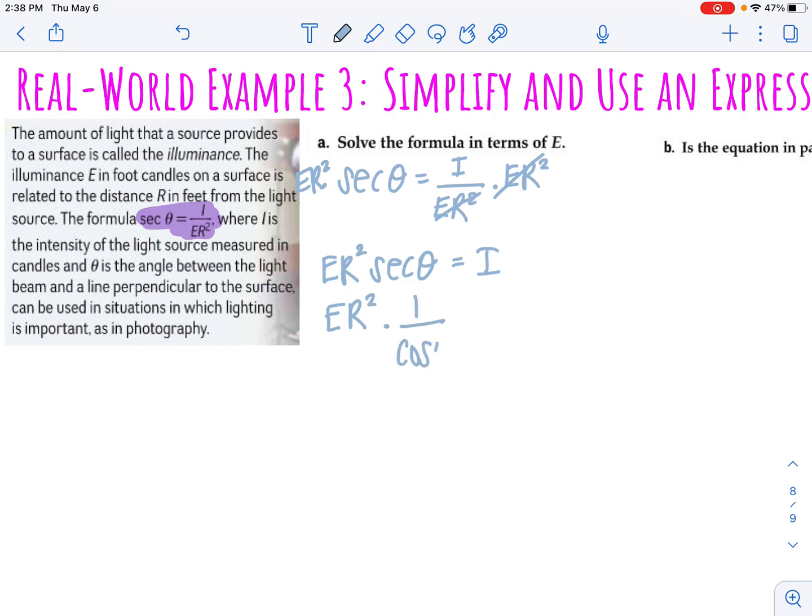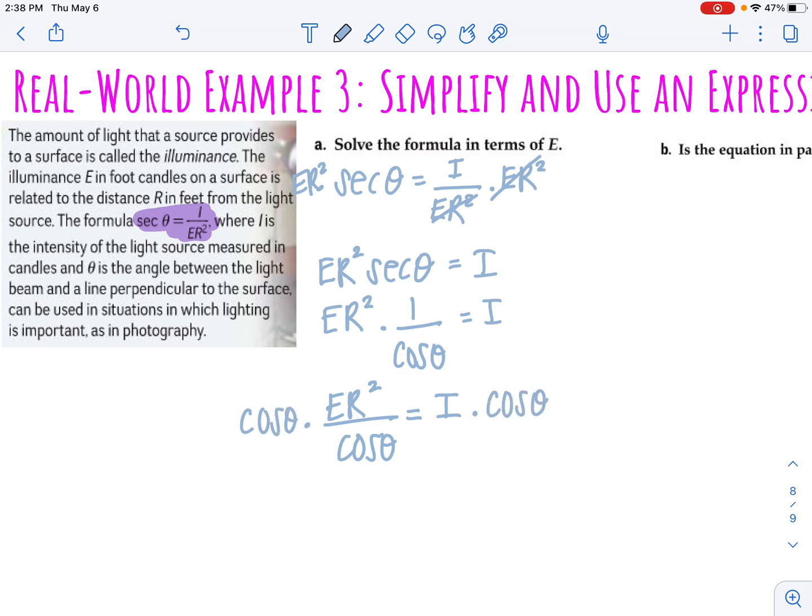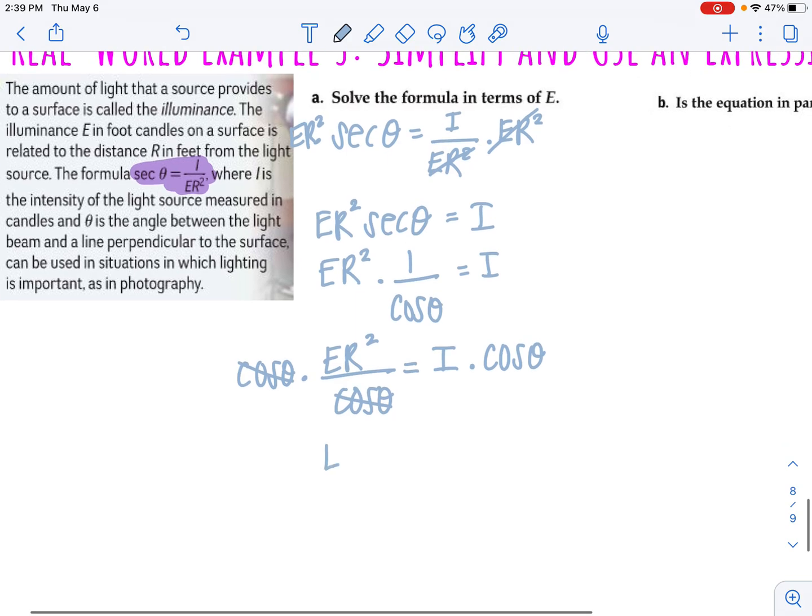So we will have ER squared times 1 over cosine of theta equals I. Let's just put this all over: ER squared over cosine of theta equals I. Now we want to multiply by cosine of theta so that that moves.